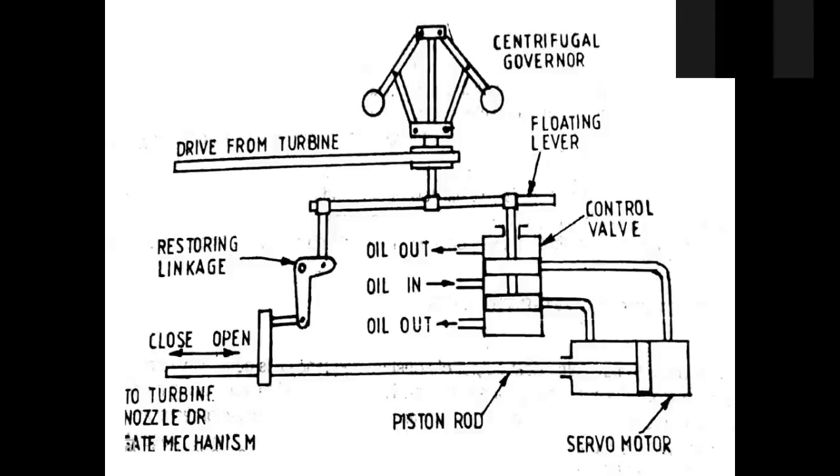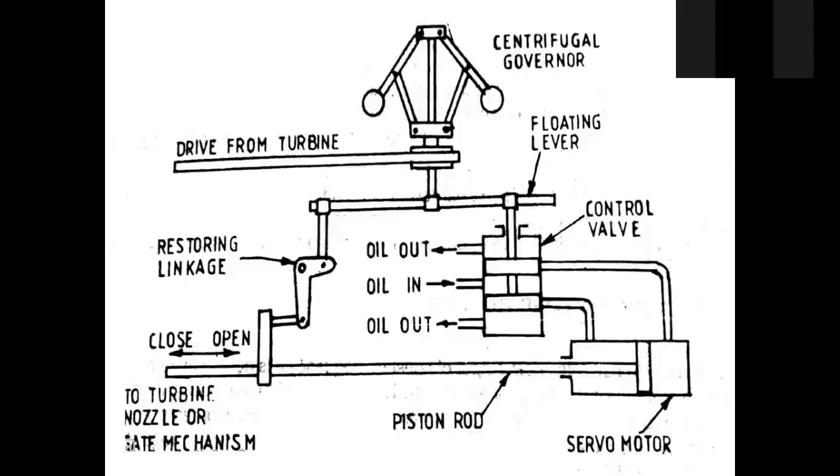The piston movement is directly connected to the fourth system, and that is called the restoring system. What happens if the piston moves to the left side? It closes the nozzle of the valve which is controlling the flow of water.